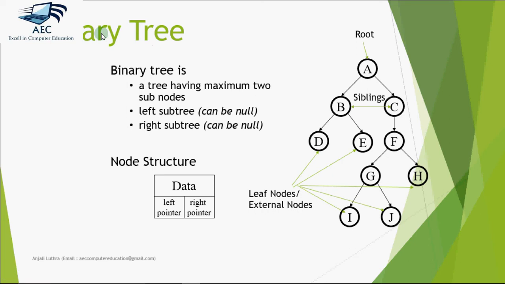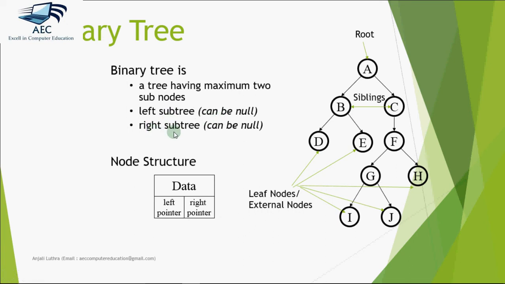Binary means two. So the word binary itself says that a tree which can have maximum of two subnodes can be called as a binary tree. So a binary tree will have a node which will have two subtrees, one on the left side like this and one on the right side. So there would be a left subtree for every node which can be null if there is no left subtree available.